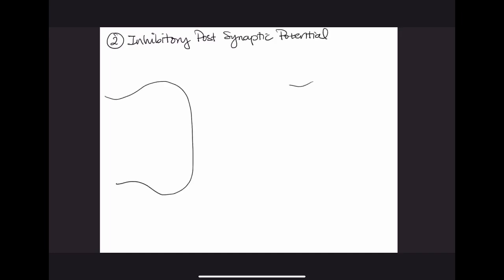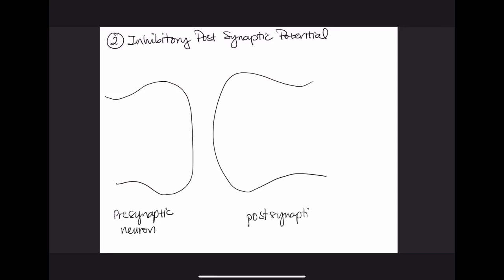Same thing as before, we have our presynaptic neuron and our postsynaptic neuron. In between is the synaptic cleft. We have an action potential coming in, which again will signal the neurotransmitters to be released into the synaptic cleft.